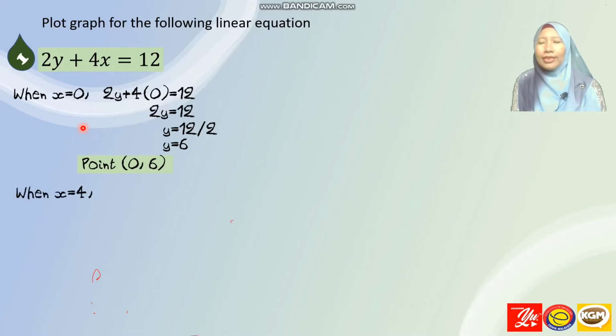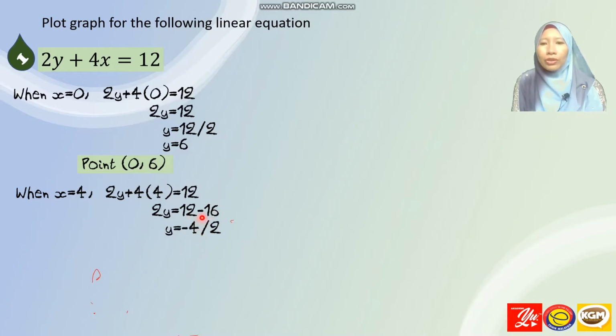And then we take another point. In this case I choose x equals 4. Then we substitute 4 into x. So we get 2y plus 4 times 4 equals 12. 4 times 4 is 16, so we bring it over, becomes 12 minus 16.